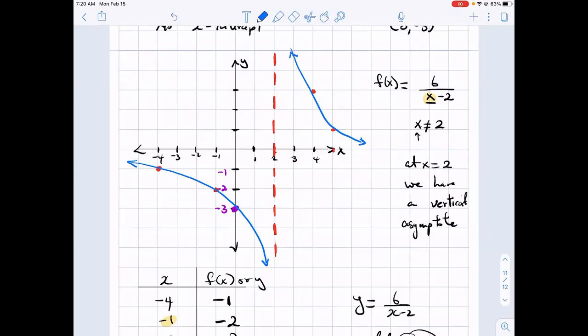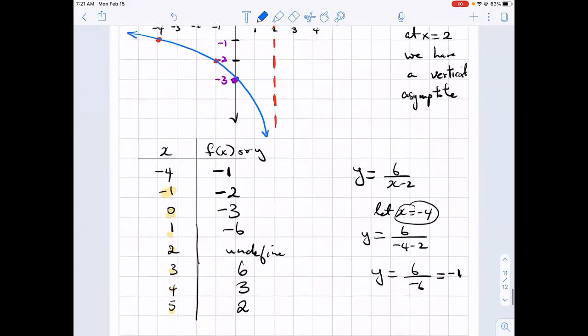You will see later on, we'll talk about asymptotes and what they really mean. So this is just a curved line here, and I want to make sure that I put a curved line. That's how, at least for now, to graph these rational functions.